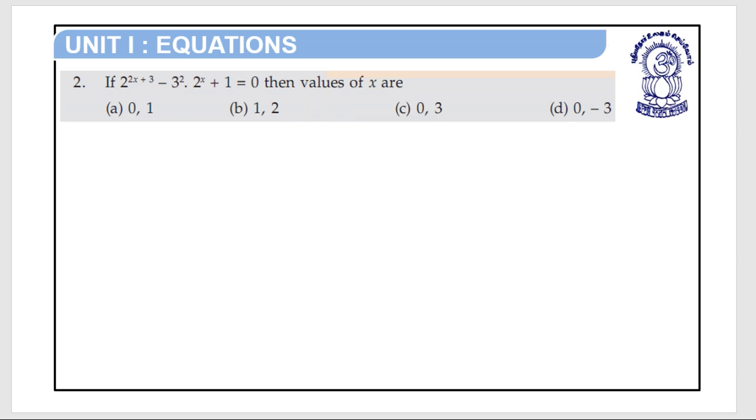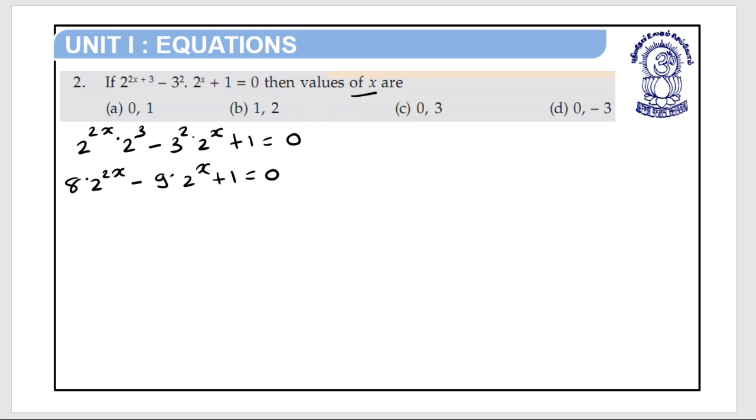Now next one is, if 2 raised to 2x plus 3 minus 3 square into 2 raised to x plus 1 is equal to 0, then the value of x are... Here 2 raised to 2x into 2 cube minus 3 square into 2 raised to x plus 1 is equal to 0. 8 into 2 raised to 2x minus 3 square, so instead of 3 square write 9, into 2 raised to x plus 1 is equal to 0.